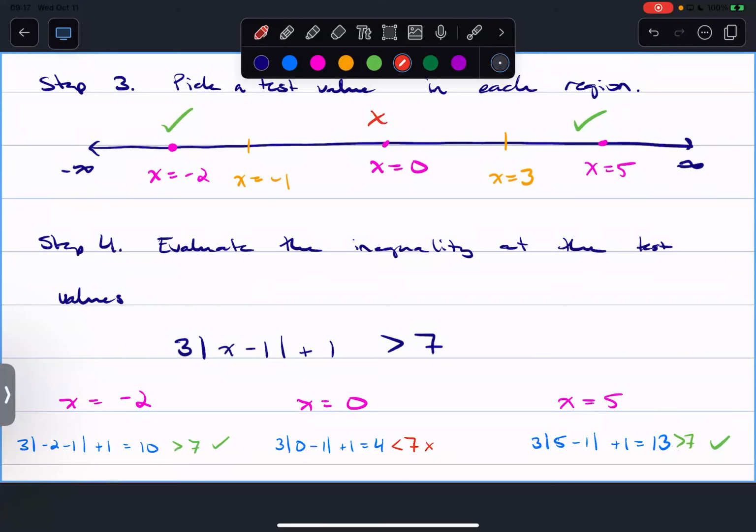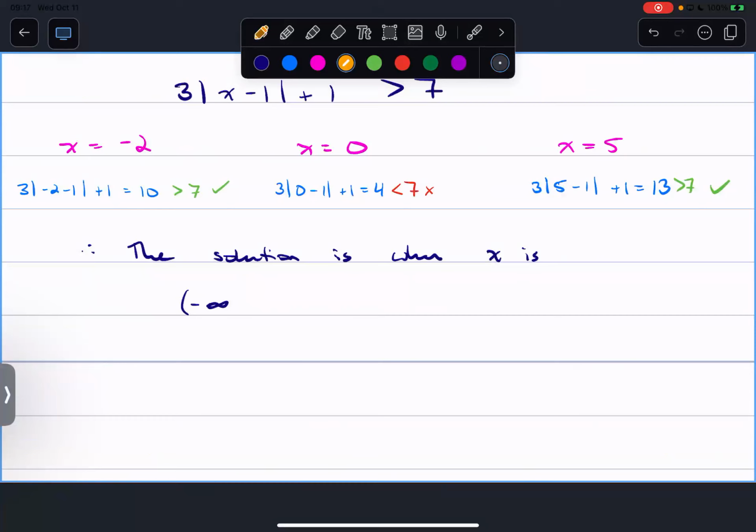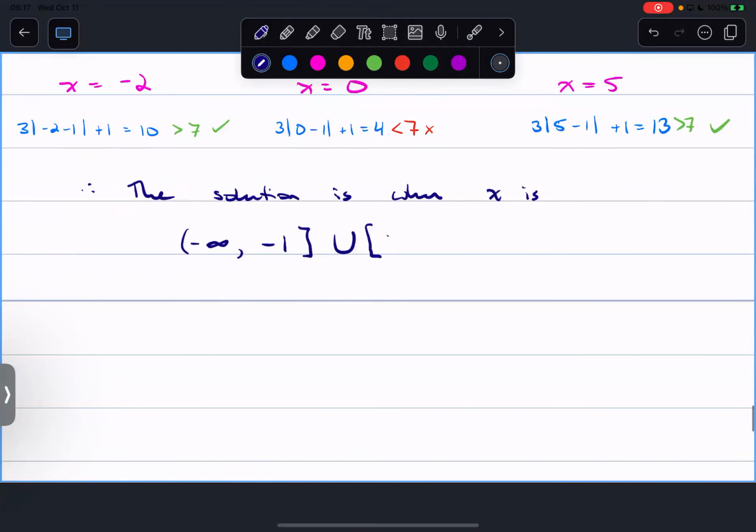So if x is less than -1, so up to and including -1, it's allowed to be -1, it yields 7, right? We found that. And then the union, right, joining these two intervals up, starting at x equals 3 and up to infinity is the rest of the solution.